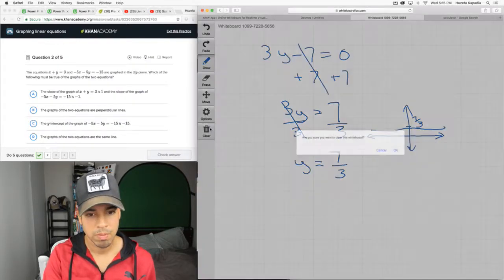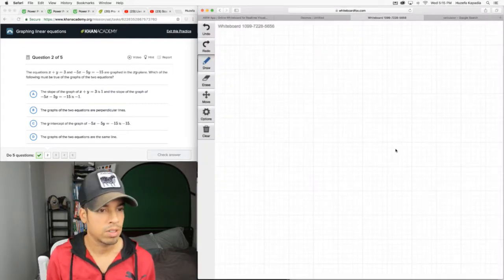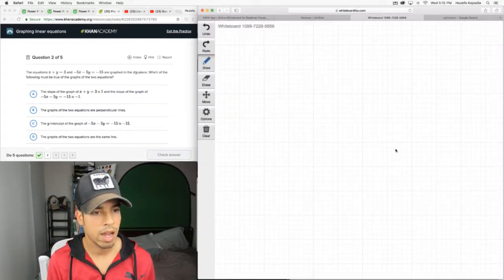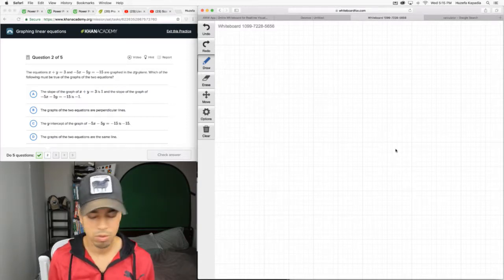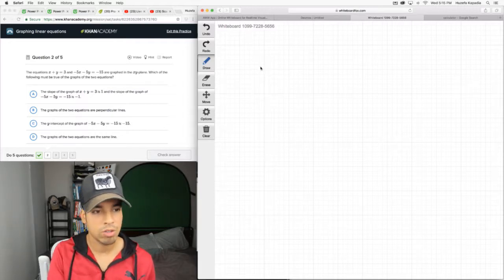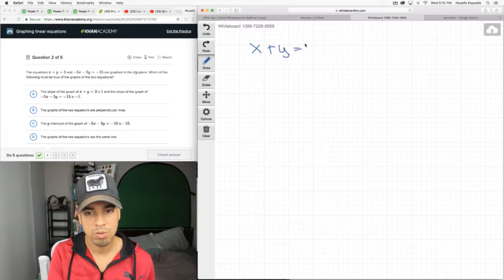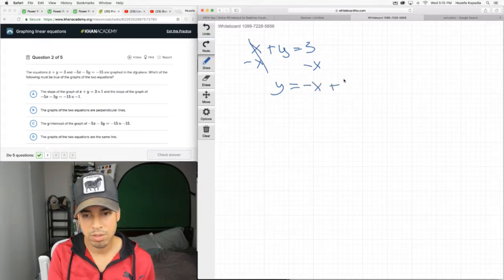Let's go to the next one. It says the equations x plus y equals 3 and negative 5x minus 5y equals negative 15 are graphed. Which of the following must be true of the graphs of the two equations? So again, strategy is always to isolate y in both equations. We've got x plus y equals 3. I'm going to subtract x from both sides. We've got y equals negative x plus 3.